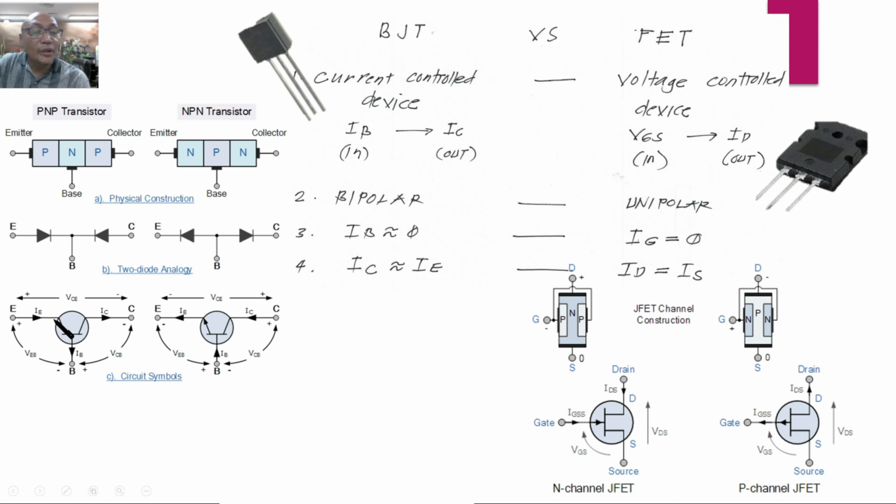That's why looking into this, the entering current is IE and the currents that are leaving are IC and IB, that's why we said IE is equal to IC plus IB. Not so with respect to field effect transistor, where the current at the drain passes through a single material going into the source, therefore the current ID is equal to IS.